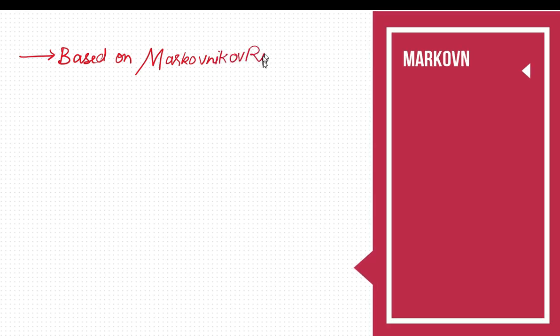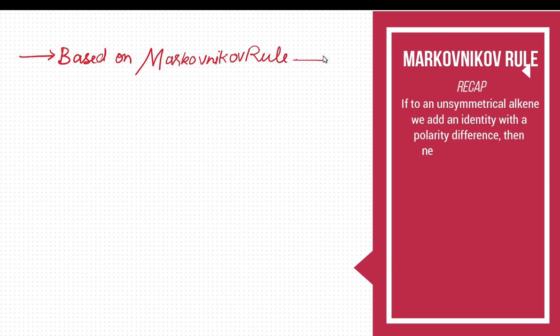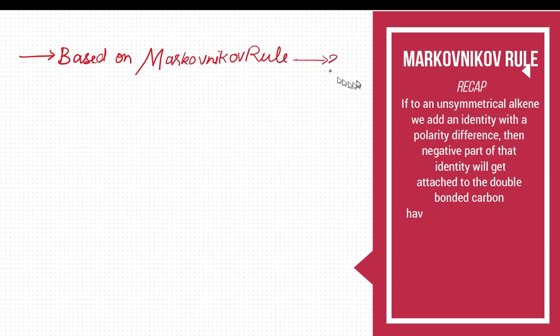I will give the link in the description, but let's get a recap. Markovnikov's rule says that if to an unsymmetrical alkene I am adding an entity with a polarity difference, then the negative part of that entity will get attached to the double bonded carbon atom having fewer hydrogen atoms. Let's see how that happens.